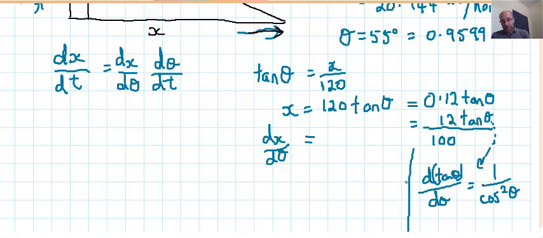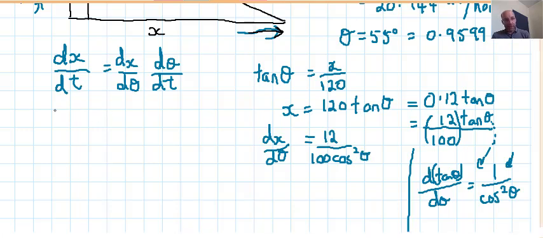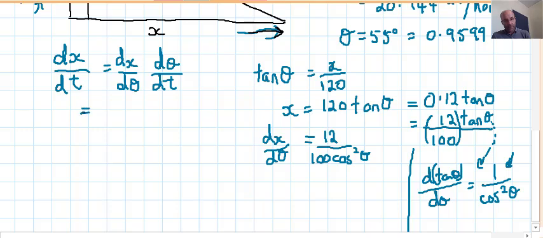So using that result, we've got the derivative of tan theta, 1 on cos squared theta, times 12 hundredths there. Alright, once we've taken the derivative, we have 12 over 100 cos squared theta. Now we're ready to go back into the chain rule.